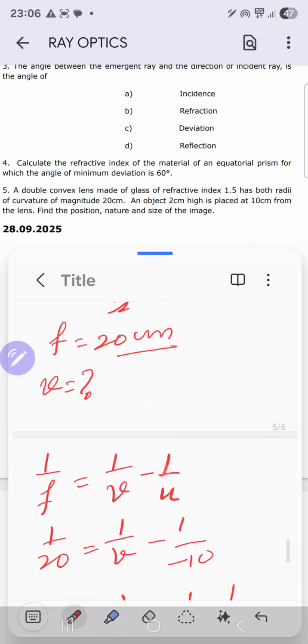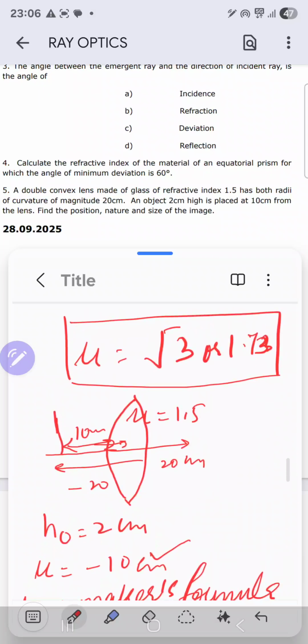So here v is negative. It means the image is on the same side as the object, at 20 centimeter. As here the object is at 10 centimeter, it is nearer, between the pole and focus.